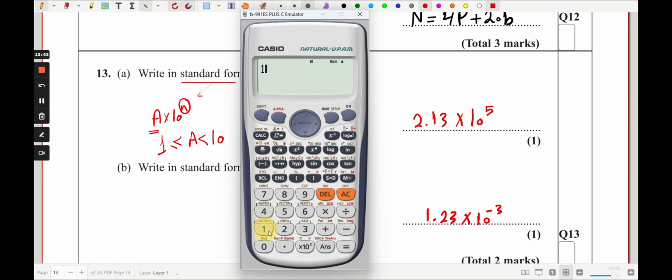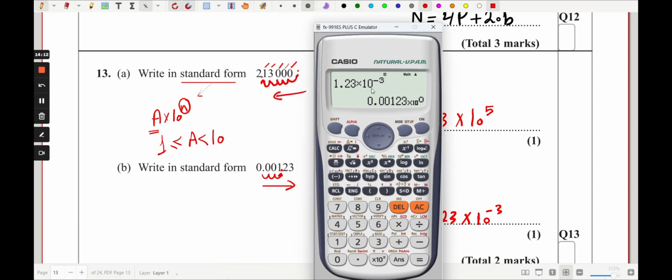Now 1.23 times 10 to the power of minus 3, which is equal. It's given here also in standard form, so you can press shift and shift again and ENG. Here 10 to the power of 0 means 1, so 0.00123. This is how you can change from standard form to an ordinary number.